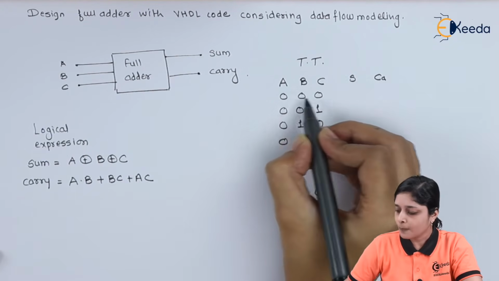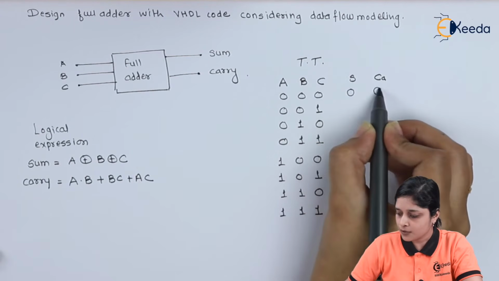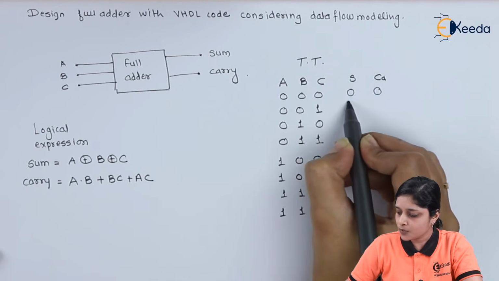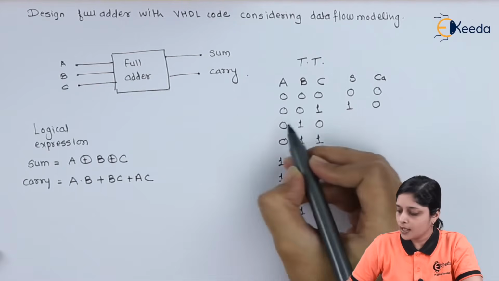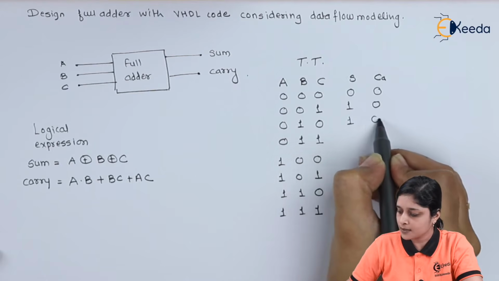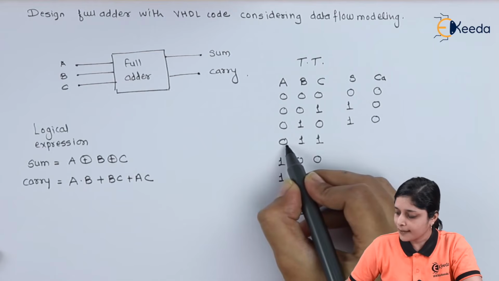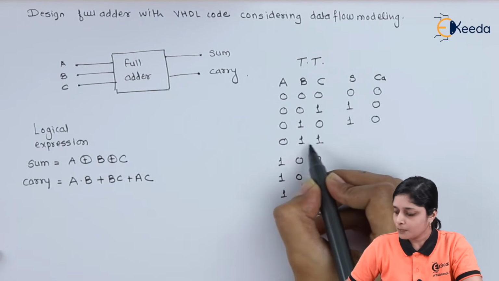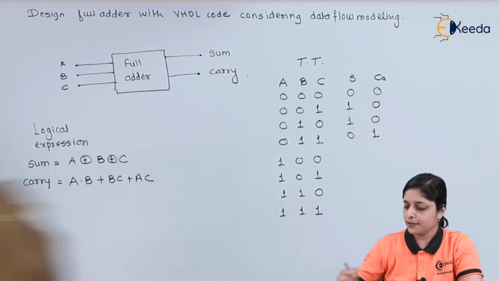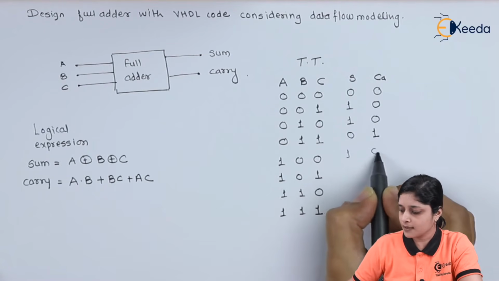So we will write here 0 plus 0 will give you 0, carry is 0. Then 0 plus 1 is 1, carry is 0. After that 0 plus 1 is 1, 1 plus 0 is 1, carry is 0. Then for the next combination 0 plus 1 is 1, 1 plus 1 is 0, carry 1. After that 1 plus 0 is 1, carry is 0.